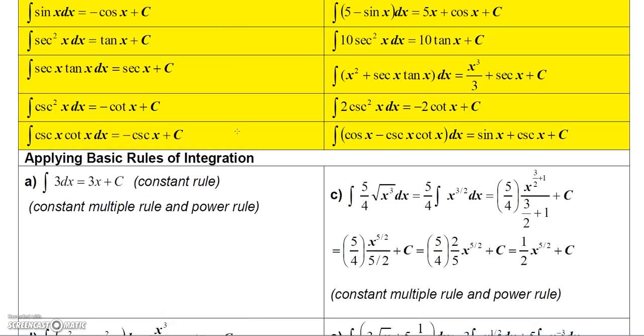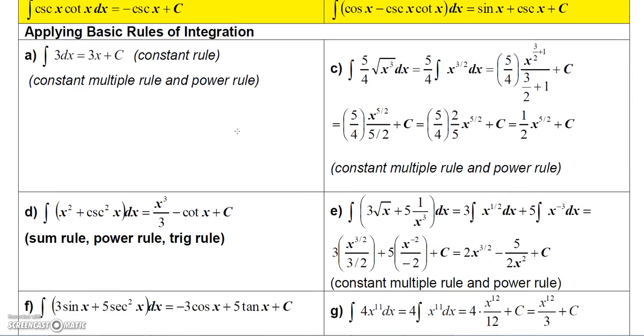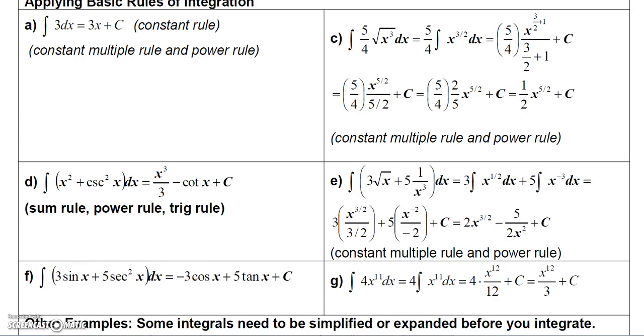Okay, so now here are some examples applying the basic rules of integration. If you integrate 3 dx, you just get 3x plus a constant. Here, if you integrate 5/4 times the square root of x cubed, that would be 5/4 times x to the 3/2 dx.